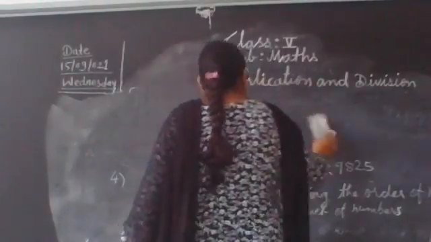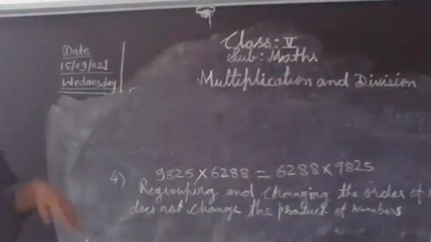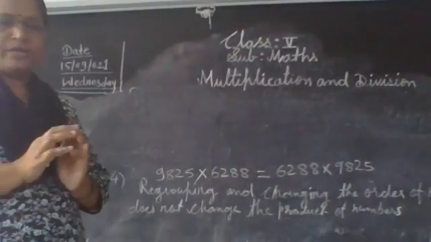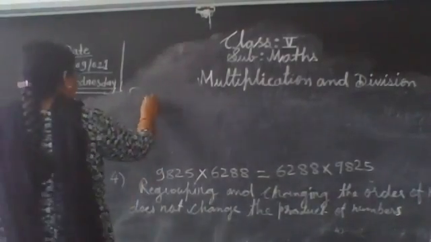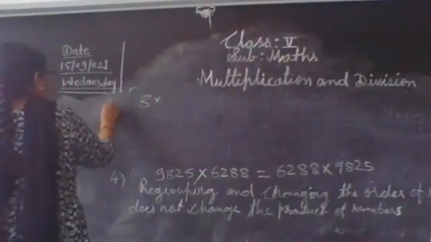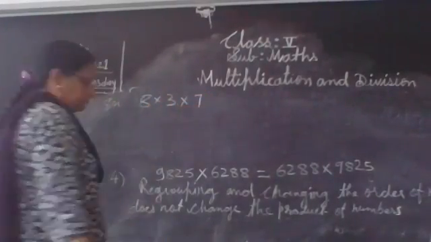The name of this property is associative property, where you have to multiply many numbers. For that you can regroup the numbers and then multiply. For example, 8 multiplied by 3 multiplied by 7.